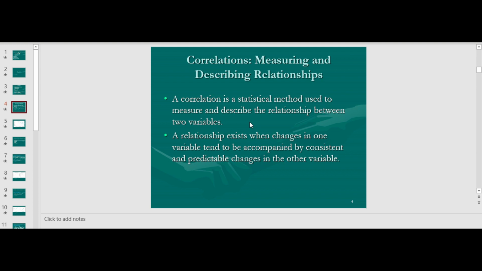Usually these two variables are identified as X and Y. The pairs of scores can be listed in a table or can be presented graphically in a scatter plot in this way.